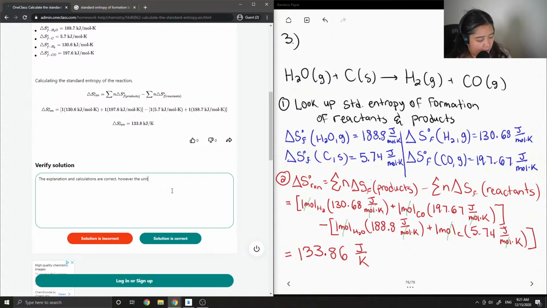However, the units should be joule over Kelvin instead of kilojoule over Kelvin. I'll say this is incorrect.